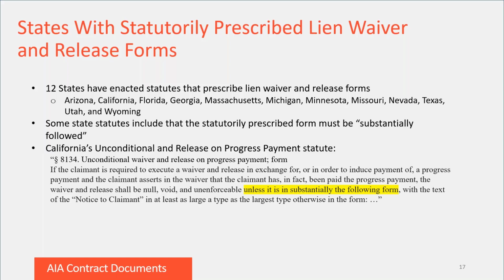The statute goes on to provide the exact form. And as you can see from this language, the state statutes can be extremely specific, down to the size of the font on the form.